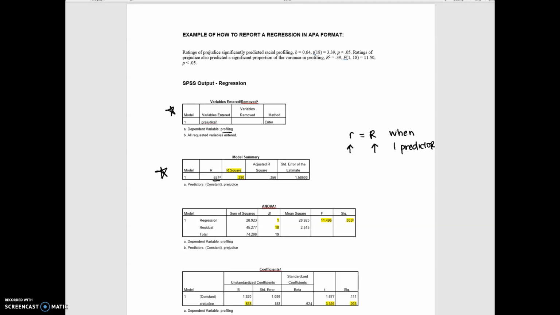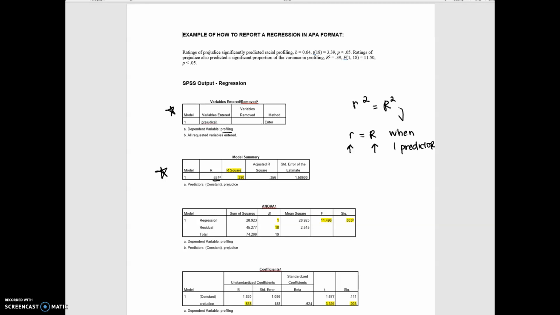The R squared, you may recall from correlation, is the coefficient of determination. The coefficient of determination is denoted by little r squared for correlation, and again, with one predictor, it equals capital R squared.